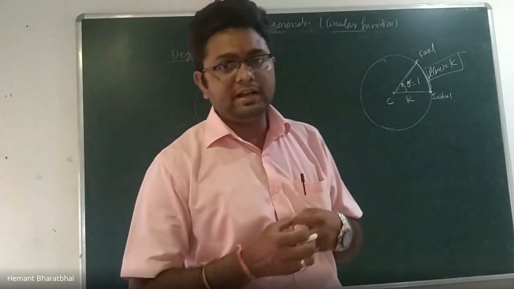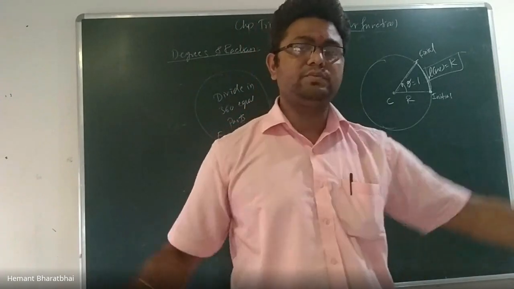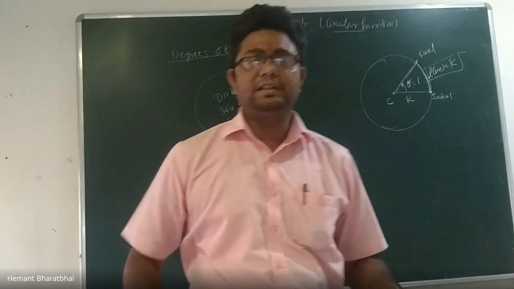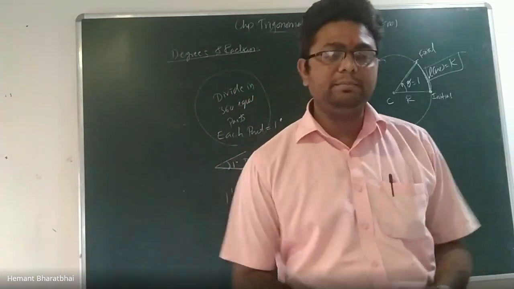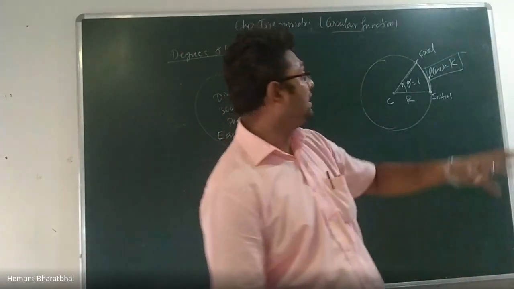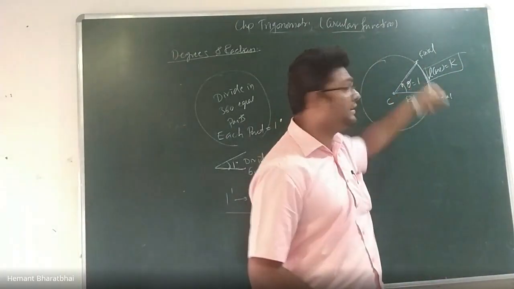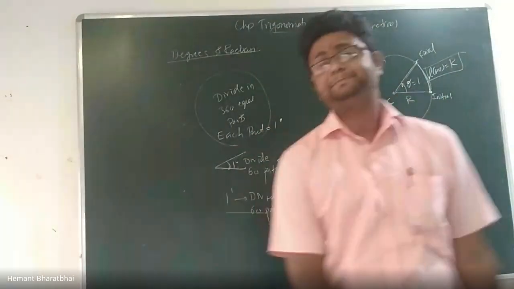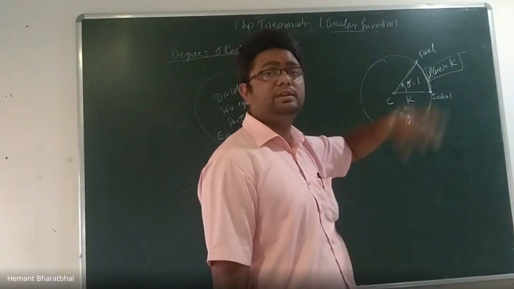Even if the radius is 6,400 kilometers, or 12,000 kilometers, or 1 centimeter, or 5 centimeters, it doesn't matter, because the length of arc is also going to be that much only. So the value of 1 radian is not going to change. Hence it is a more convenient system.